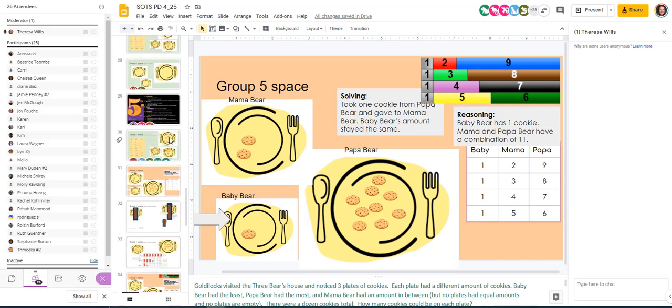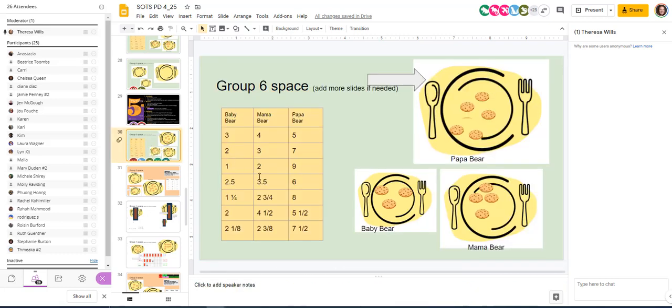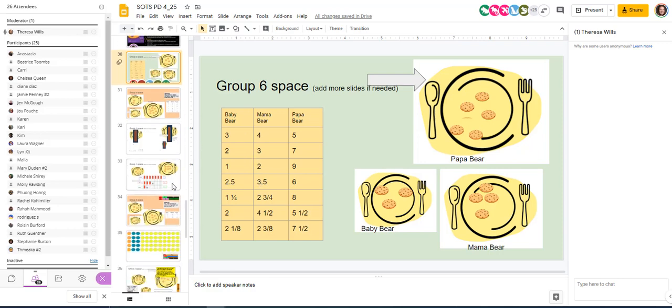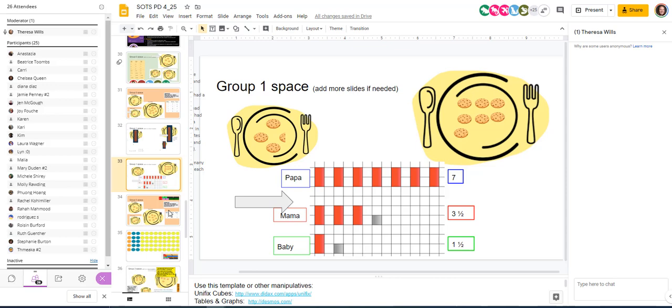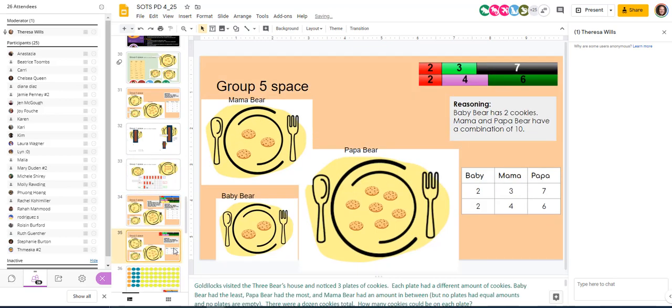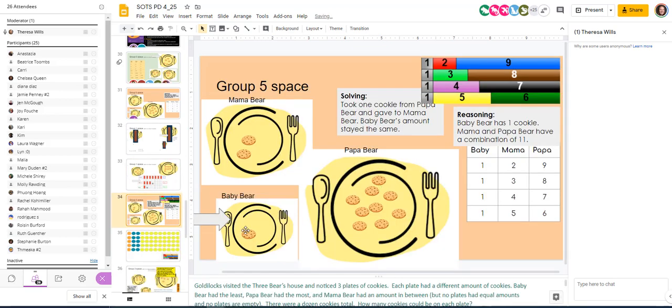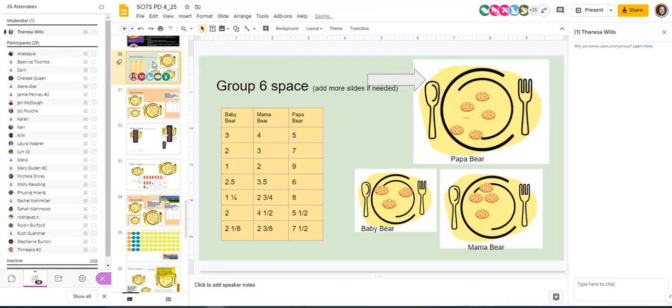And if this group can explain to us, why did you start out with 3, 4, and 5? What was your thought process here? Someone from group 6. Why did you start with 3, 4, and 5?